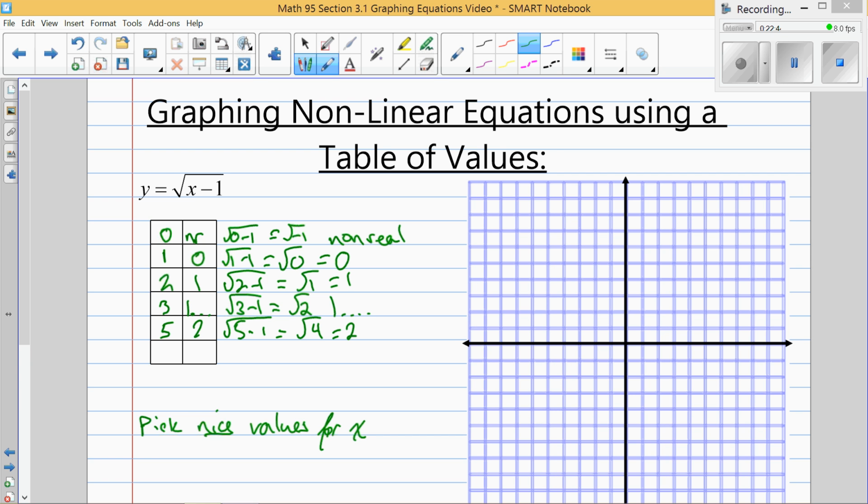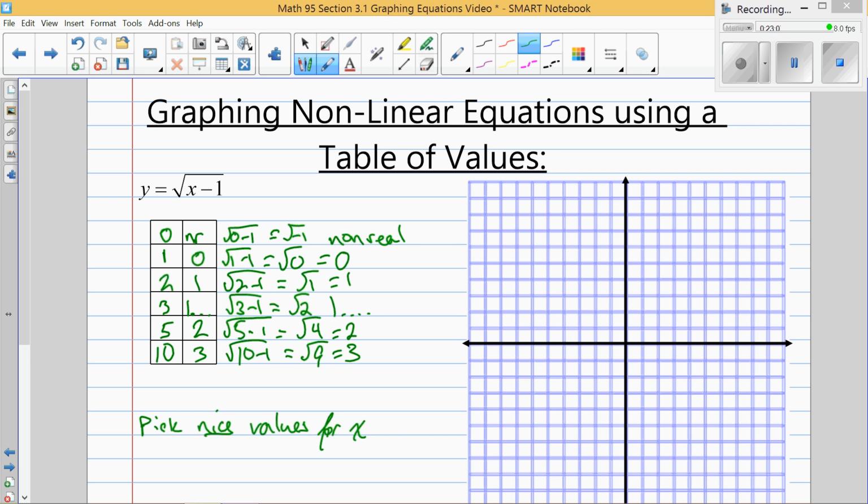That's a very nice value. And so my next x value that I'm going to try is a 10, because the square root of 10 minus 1 is the square root of 9, which is 3, and that gives me a nice value. So occasionally when making a table of values, you sort of have to work yourself backwards, so you get a nice feel for how these work.